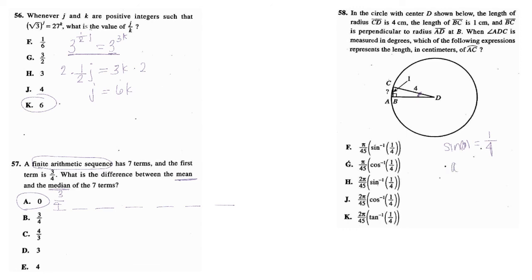So that angle is going to be your inverse sine of 1/4. So what's that going to allow us to do? Well, that's going to allow us to chop off some of these answer choices. So I know my answer has to have an inverse sine of 1/4 in it. So F is fine, G is not, J is not, and K is not.